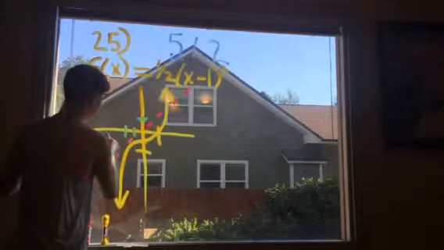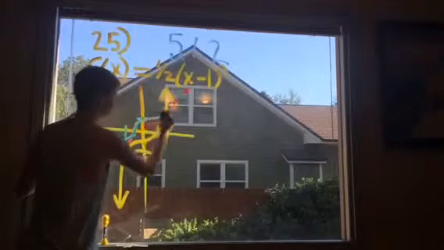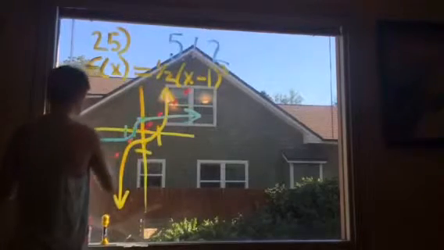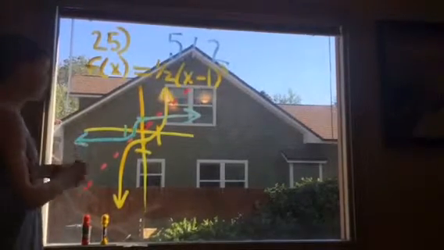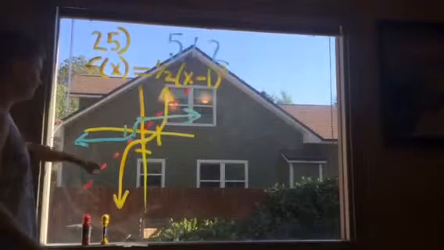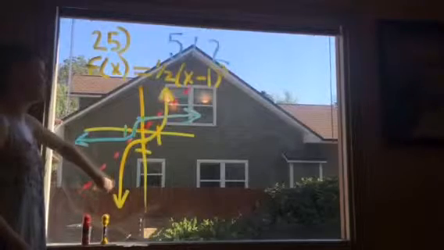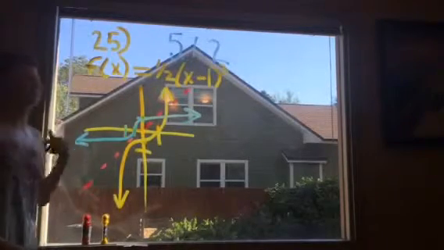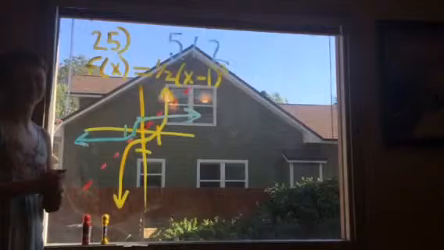So it's just going to look like that. The blue is your inverse function and the yellow is your parent function. And that's one easy way to graph the inverse of a function.